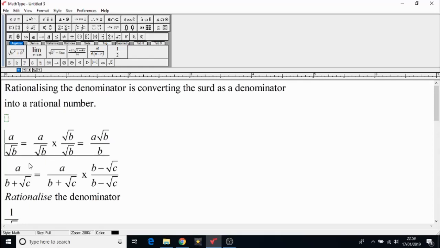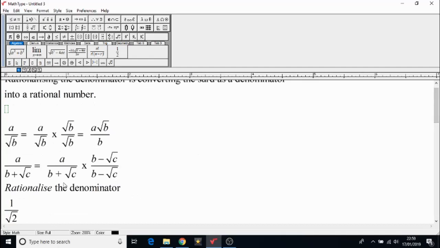You'll see why: when you multiply a square root by a square root, it just cancels out. I'll show you the meaning of indices.